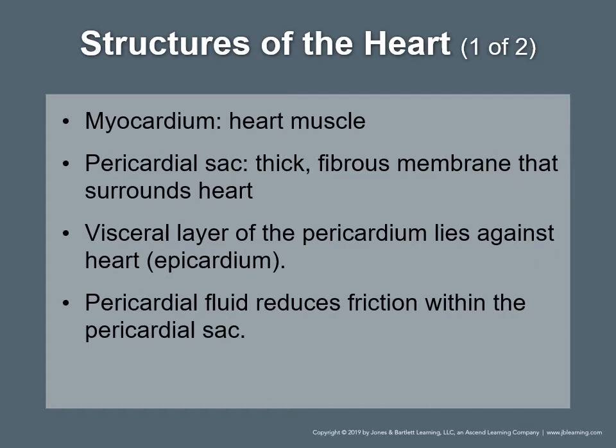The heart muscle is referred to as the myocardium. The pericardial sac is a thick, fibrous membrane that surrounds the heart. The visceral layer of the pericardium lies against the heart, the epicardium, and the pericardial fluid reduces friction within the pericardial sac.